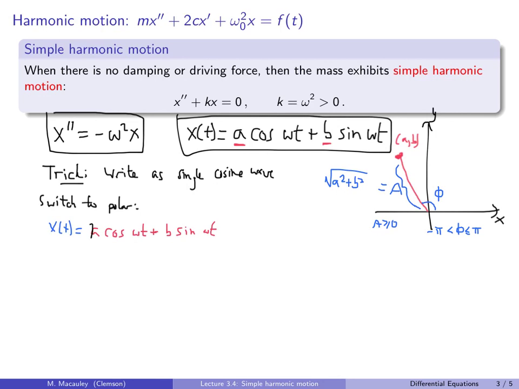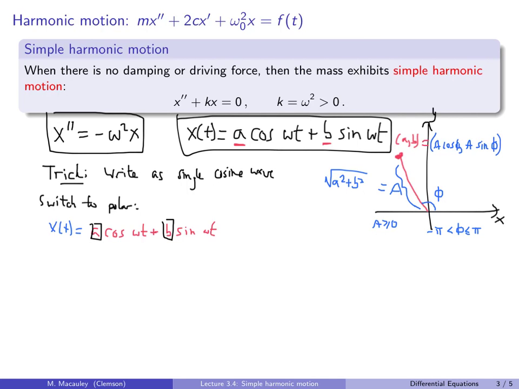So in place of a and in place of b, notice this (a, b) is equal, in polar coordinates, to (A cosine of phi, A sine of phi).